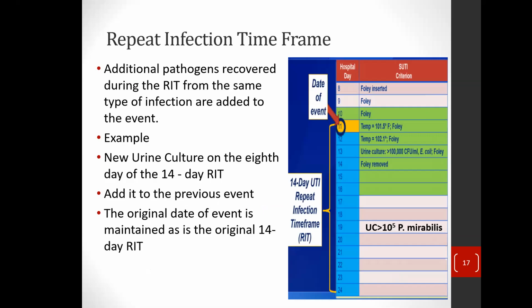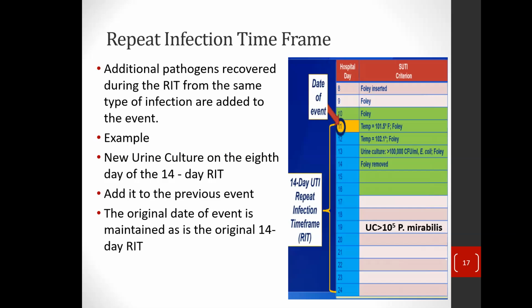And so you won't have 2 CAUTIs during that time period. So what you do if you get another urine culture during that time period and it shows a different type of urine pathogen, you simply add that uropathogen to the previous event documentation of your UTI. You don't have 2 UTIs, you only have 1.